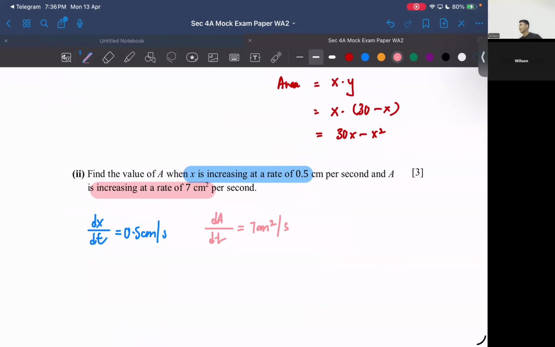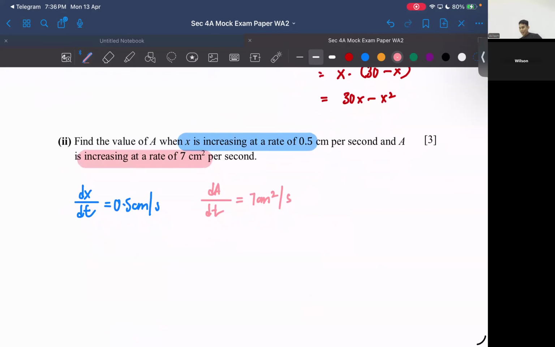Angeline, what should I do to connect these two together? I have a dA over dt and a dx over dt.